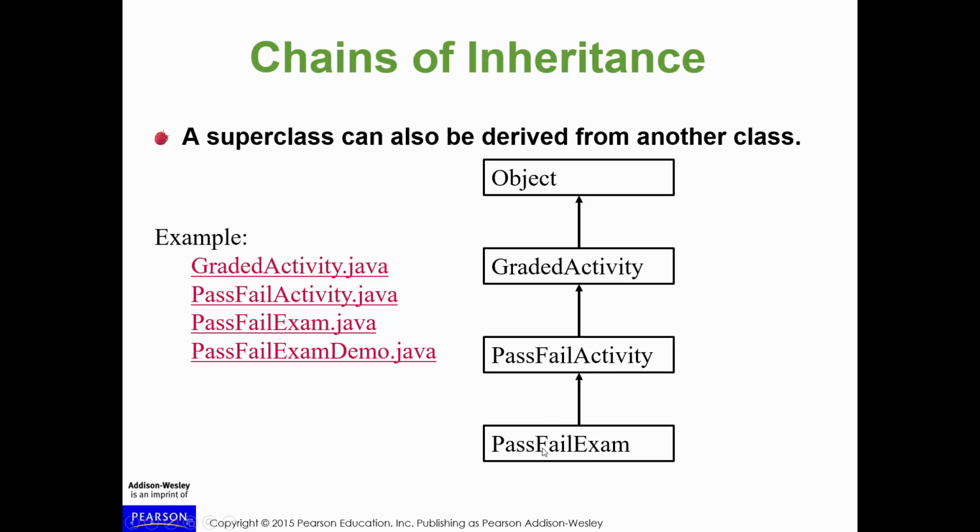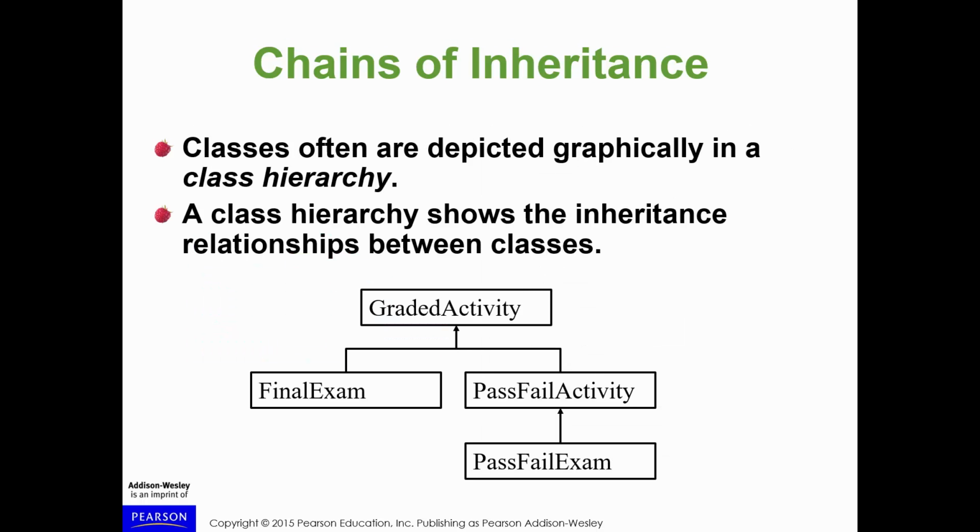So this is a child of this, is a grandchild of this, is a great-grandchild of this, etc. And remember, object is basically at the top of the hierarchy, just the way that it's set up. So quite often when you start to create a picture of your classes, you do create what's called a class hierarchy to show the inheritance relationships between these.